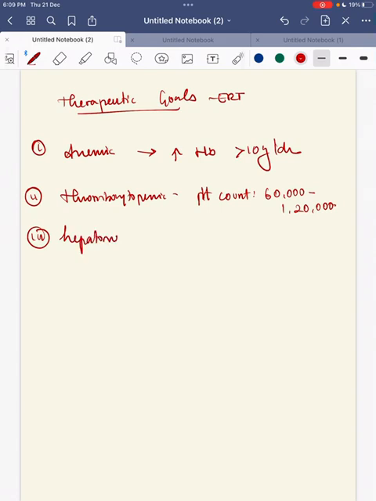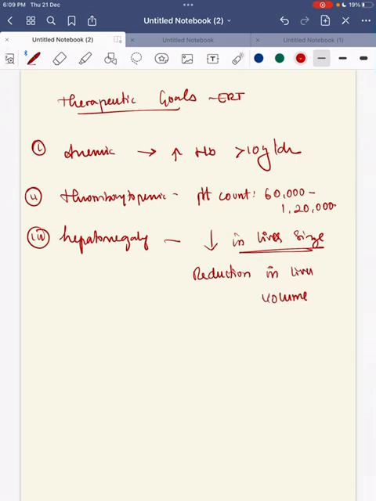Third, hepatomegaly. In hepatomegaly, you can expect a decrease in the liver size, or a reduction in the liver volume by 20 to 30%. Okay, next in spleen.